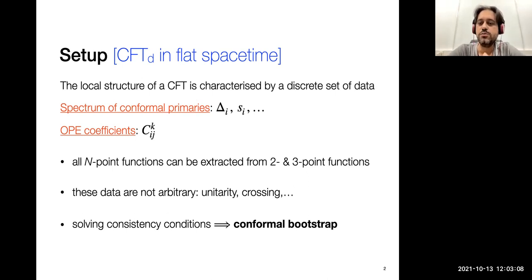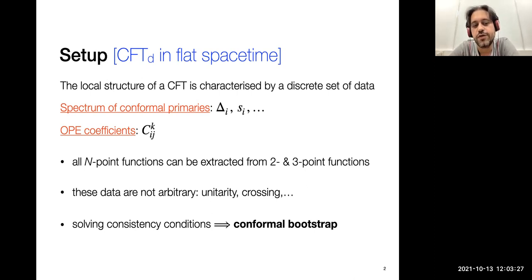If you know the spectrum of conformal primaries, the scaling dimensions, the spin, or whatever other quantum numbers you have for the operators, and you know the OPE coefficients, then you basically know the 2- and 3-point functions, and you can deduce all the n-point functions of the theory in this way.